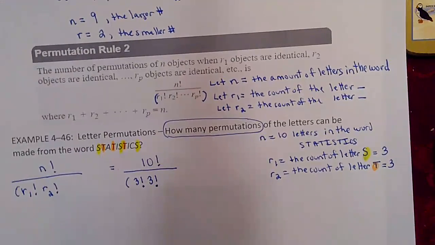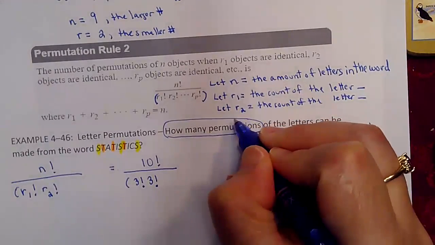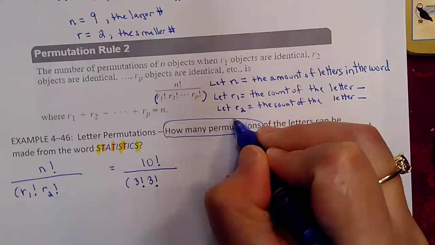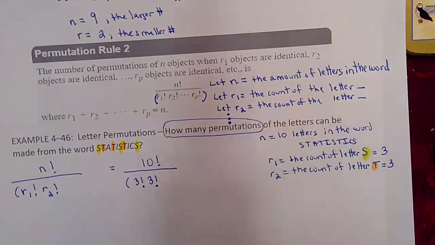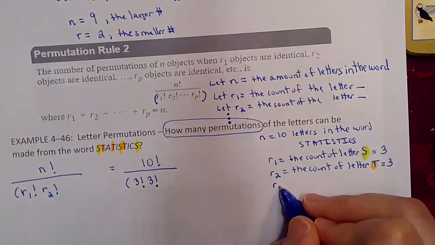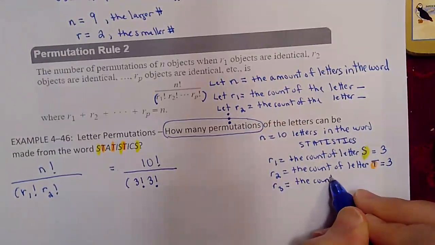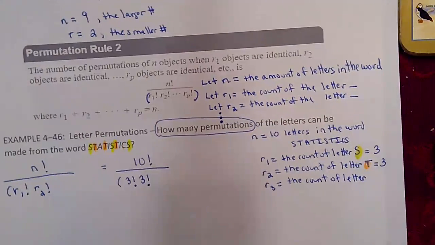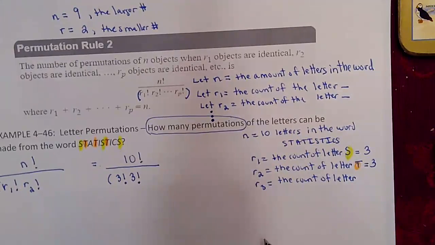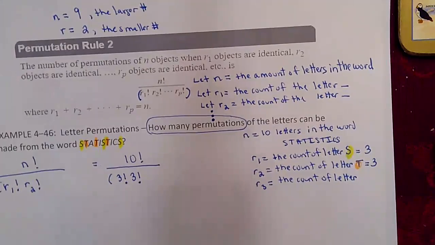Okay, and then here I'm going to just say dot dot dot, like you keep on going till you exhaust your letters. So for us, I'm going to do an R3. Let R3 equal the count of letter, and you can go out of order if you want.